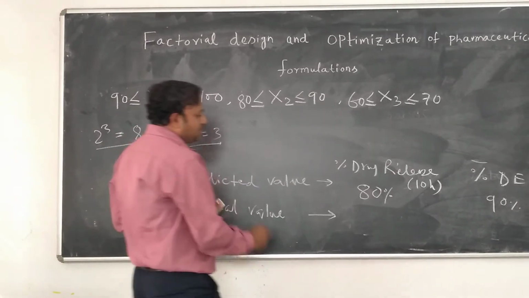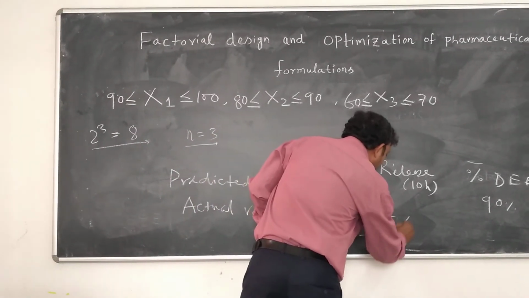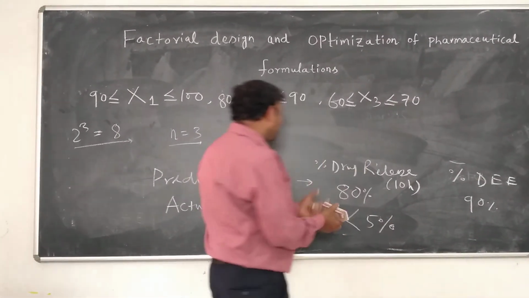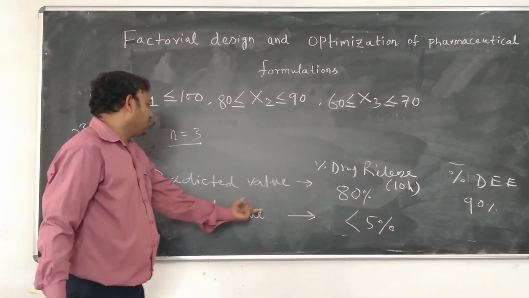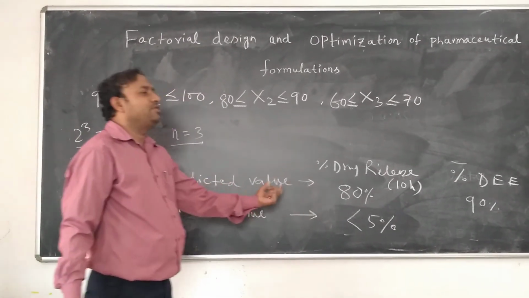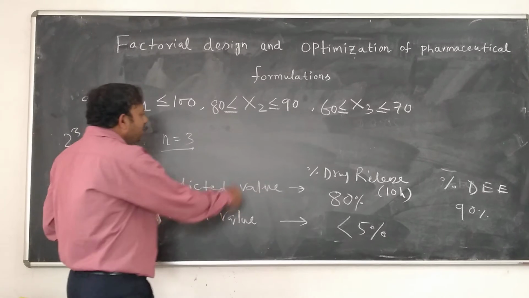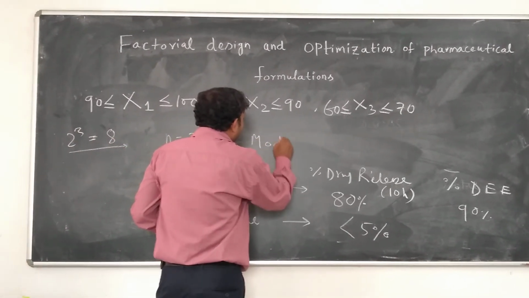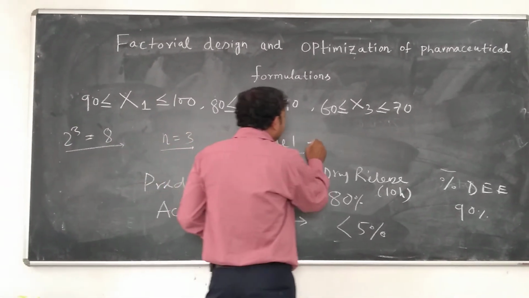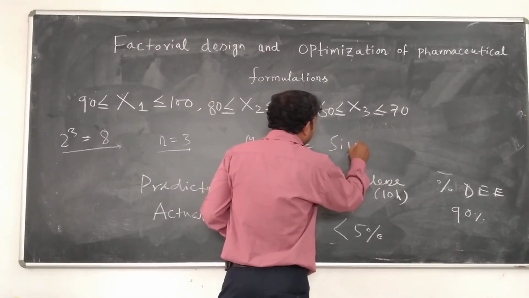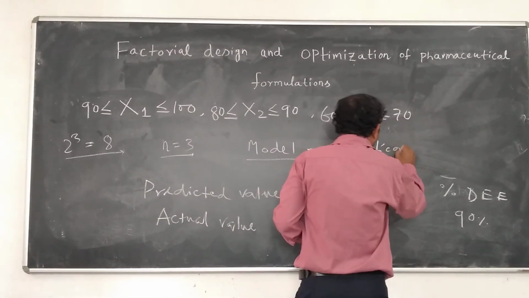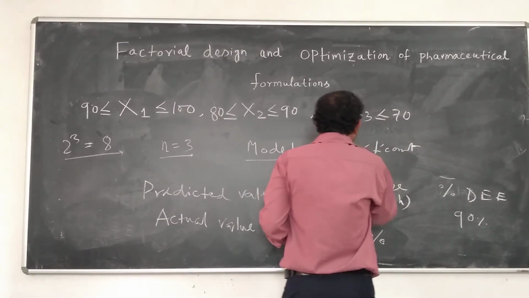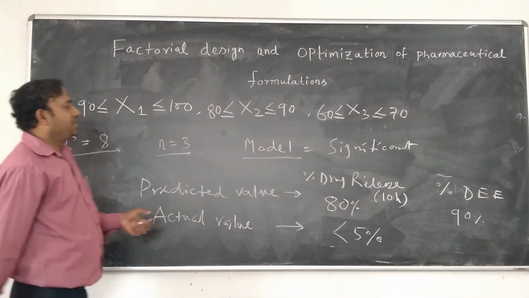If the difference is less than 5%, the model will be significant.